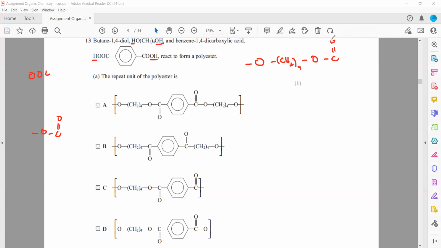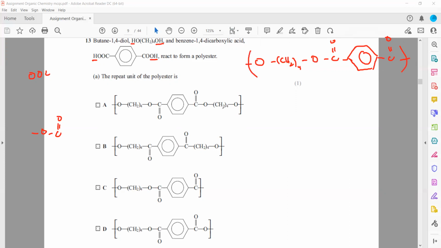So C double bonded with O. Then there's a benzene ring. Then there's C double bonded with O. And then it is OH being removed. So we'll put a bracket.